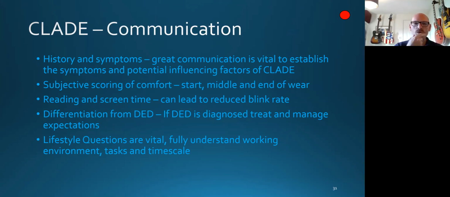Again, I've shaded all of these in blue because I think communication at the moment is absolutely key to us. It's something that's always fascinated me in terms of how a practitioner communicates with a patient to get the most out of the consultation. But now we're having to do it remotely. Now we're having to do it over the telephone or on Fleming or any of the other Zoom health platforms that you might be using.